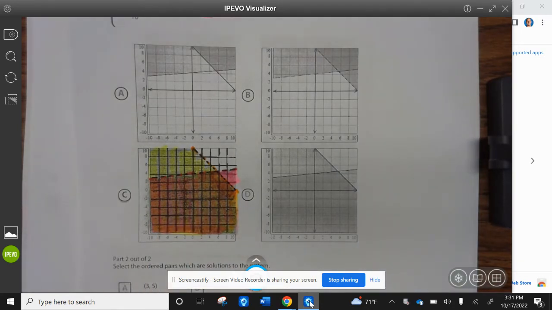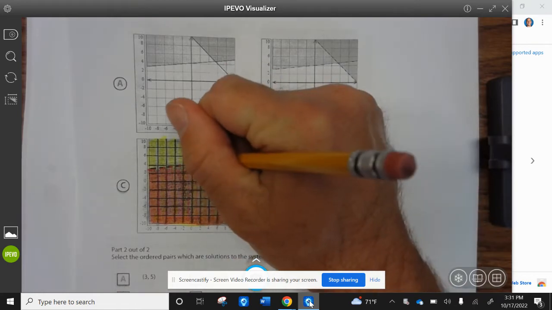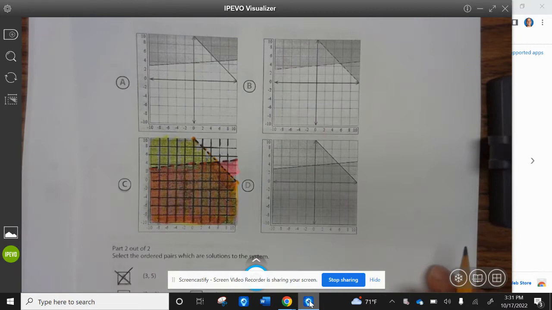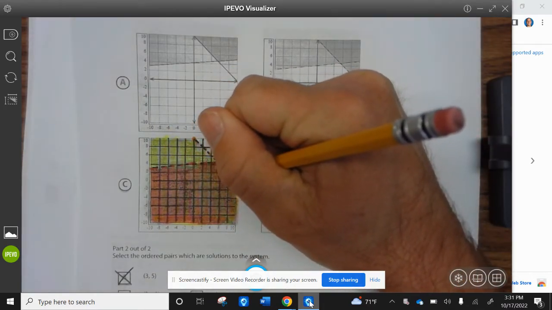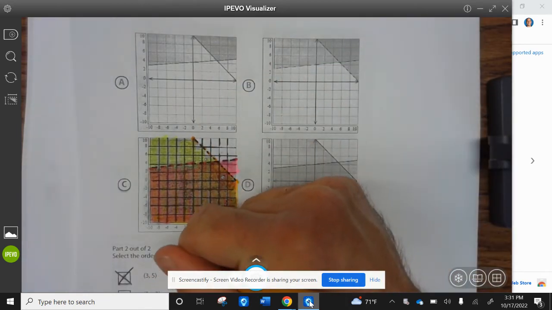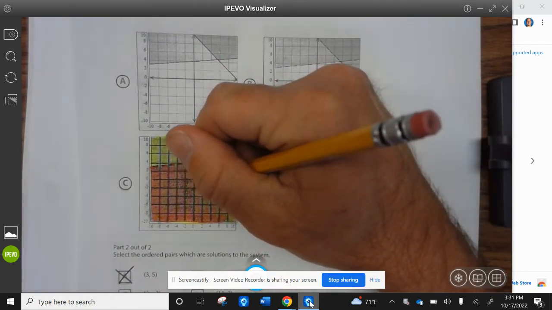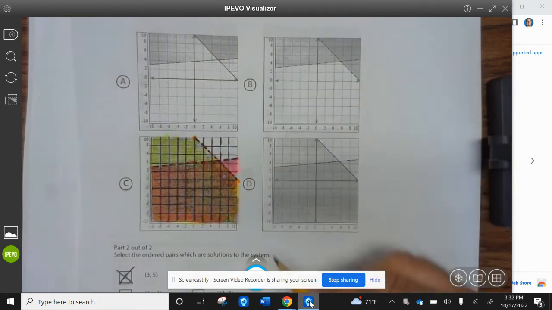So now let's look for the solution. So (3, 5) is right here. So that's not a solution. (7, 1), that is a solution. (3, -3), that's a solution.